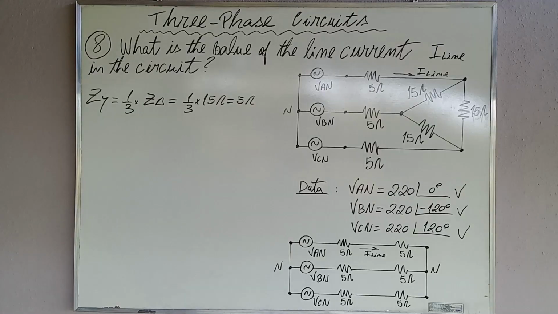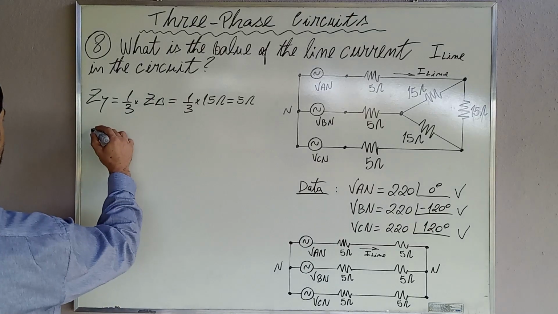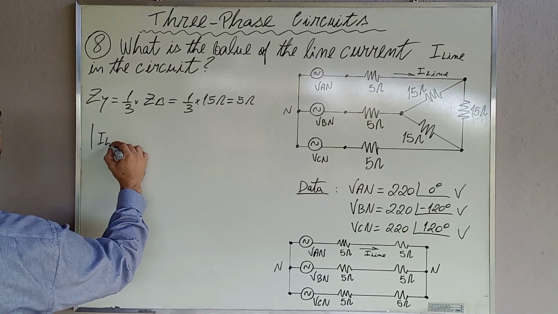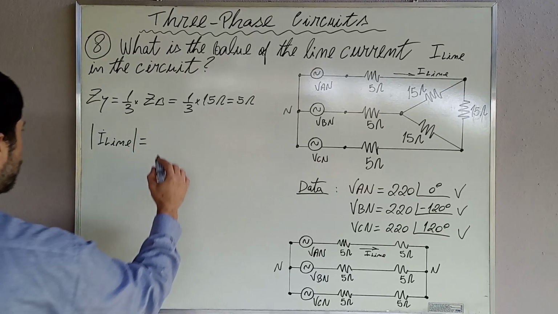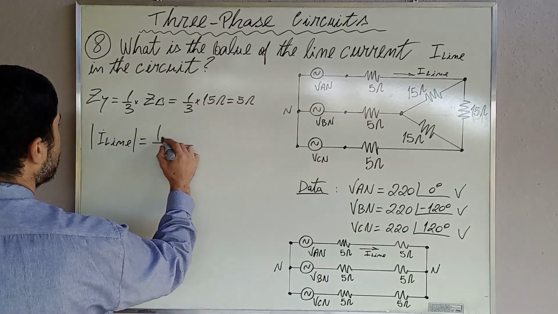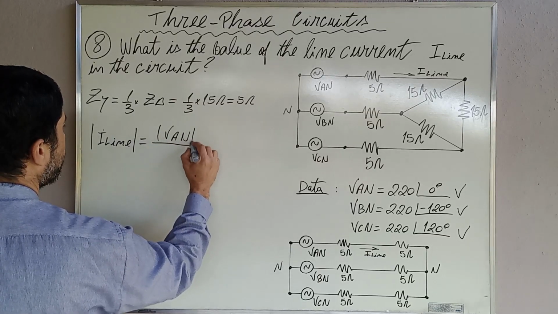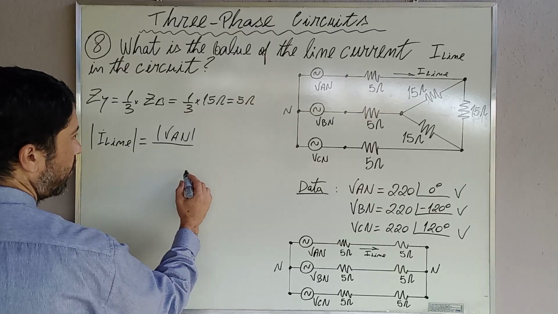Now let's consider the Y connected load of the circuit at the bottom of the board. As the load is perfectly balanced, it is possible to calculate the current in the following manner. The magnitude of I line is equal to the magnitude of the voltage divided by the impedance.